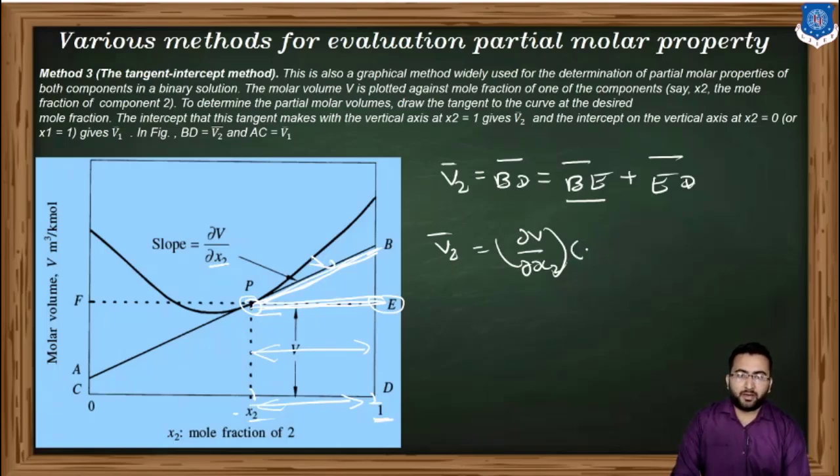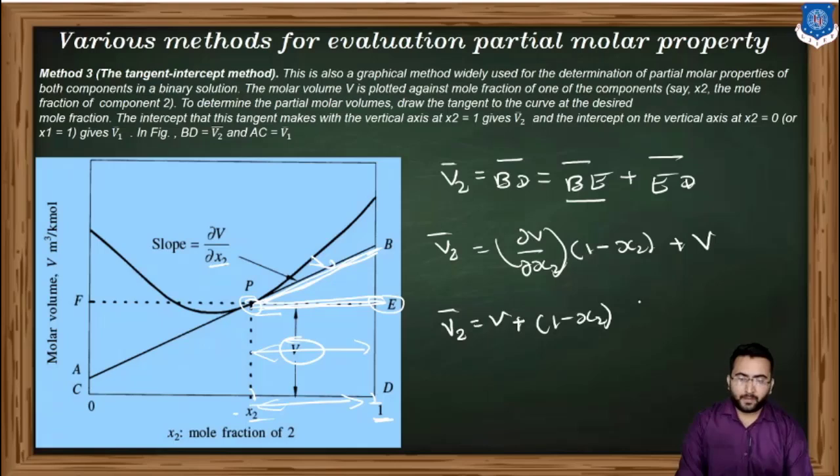So del V upon del x2 multiplied by 1 minus x2, plus the value of ED, which is our volume, or the molar volume, given by V. If we rearrange this equation, it becomes V2 bar is equal to V plus 1 minus x2 times del V upon del x2. So this becomes our equation number 1.